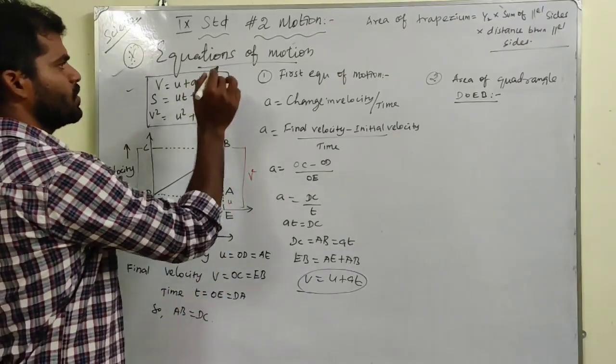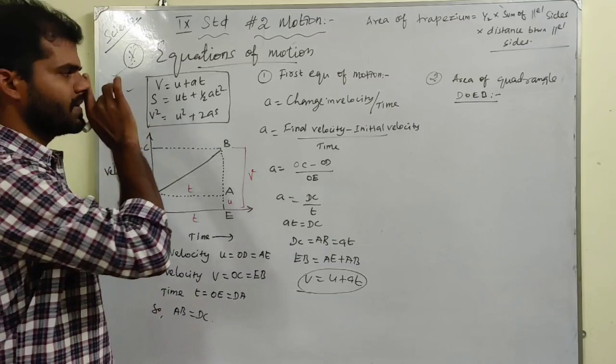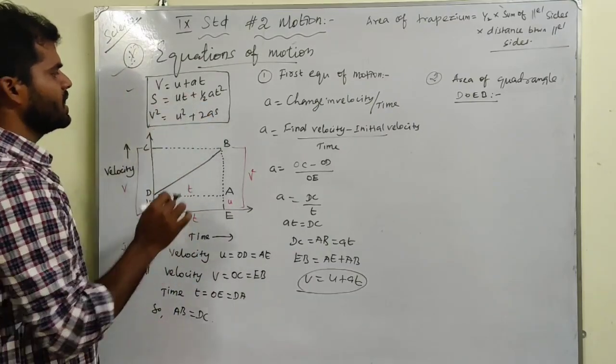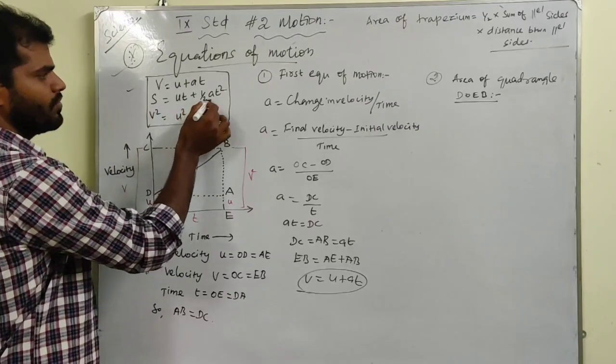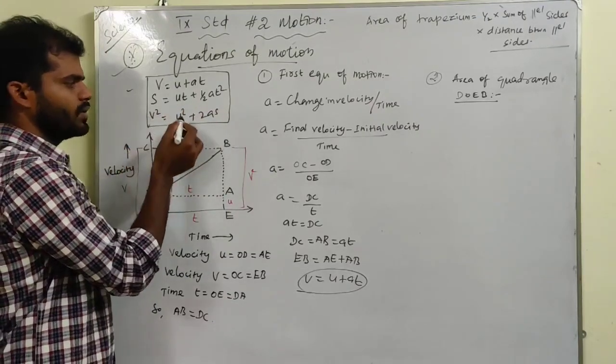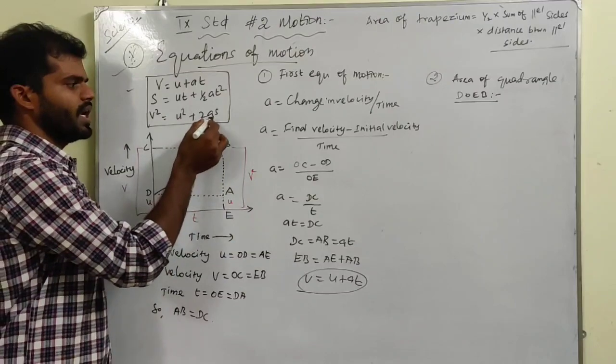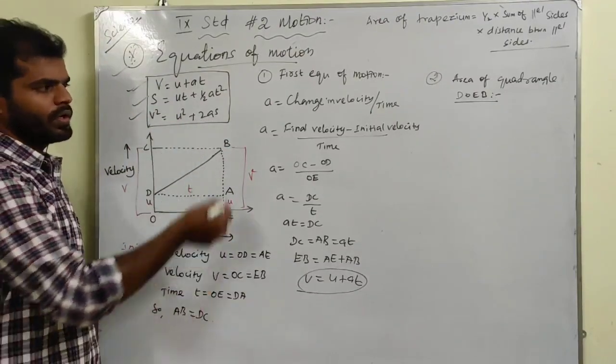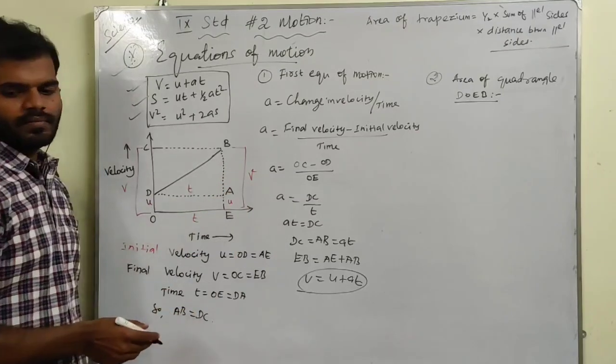We are going to derive three equations actually. That is V is equal to U plus AT, S is equal to UT plus half AT square, and V square is equal to U square plus 2AS. These are the three equations that we are going to derive here. It's very simple actually.